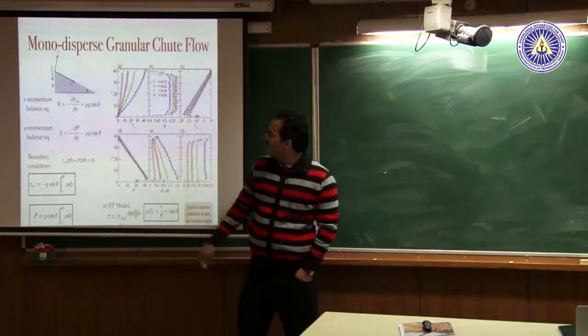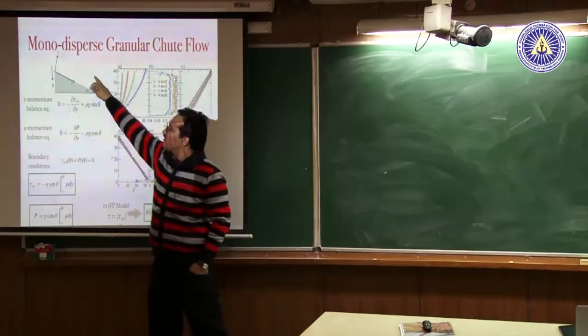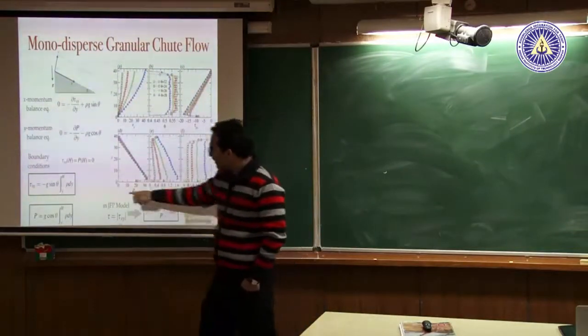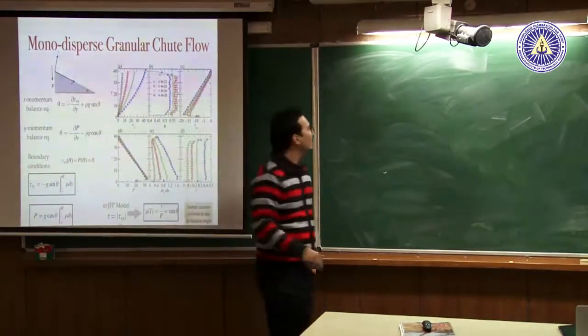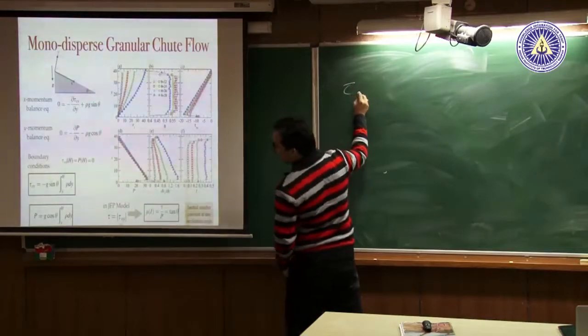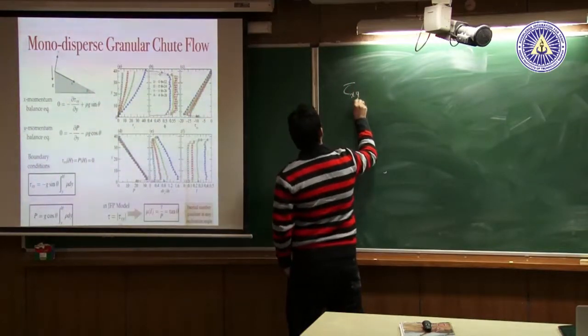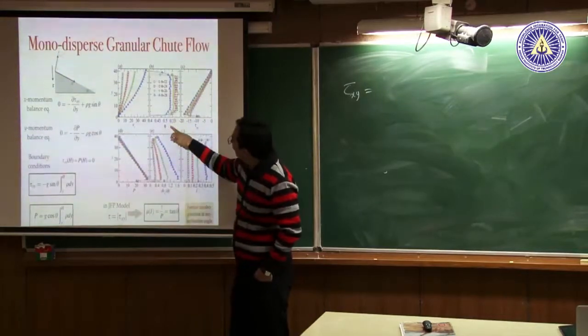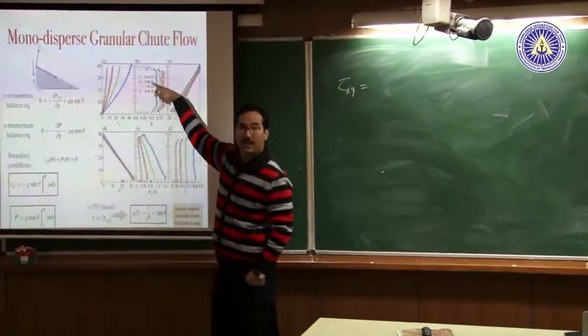If you assume that at the free surface you have no shear stress or pressure acting, you can get the shear stress and pressure simply as, I am calling it tau xy, it should be tau yx.